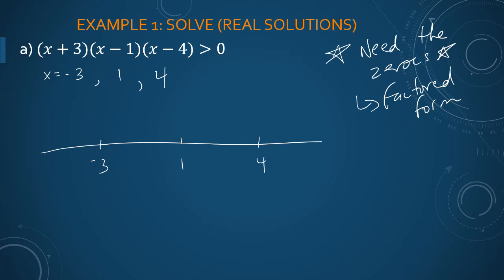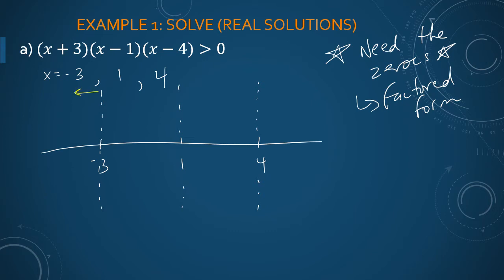I'm going to put a dashed line up and down here. We want to figure out what happens in between all of those intervals. How you do that is you pick a value in each interval and you test it. So we want to figure out what happens here.